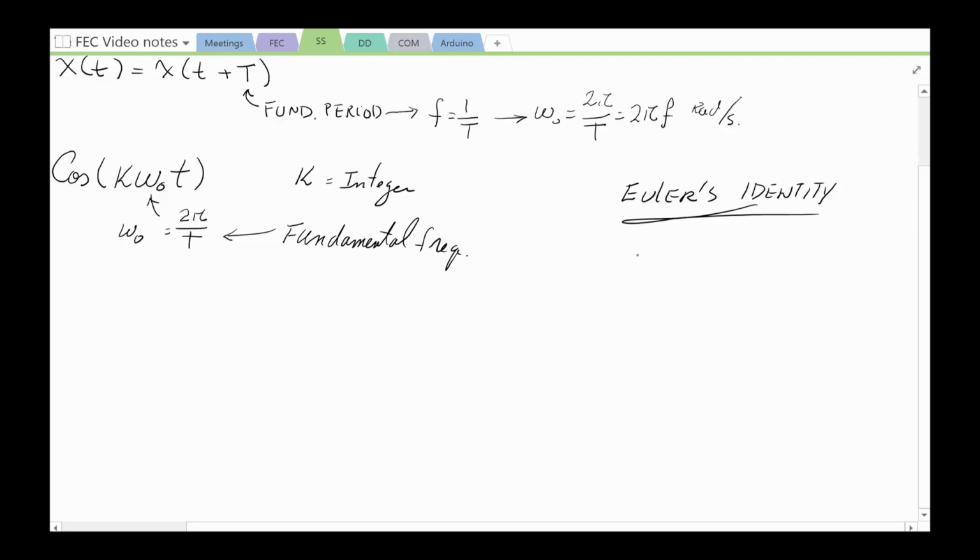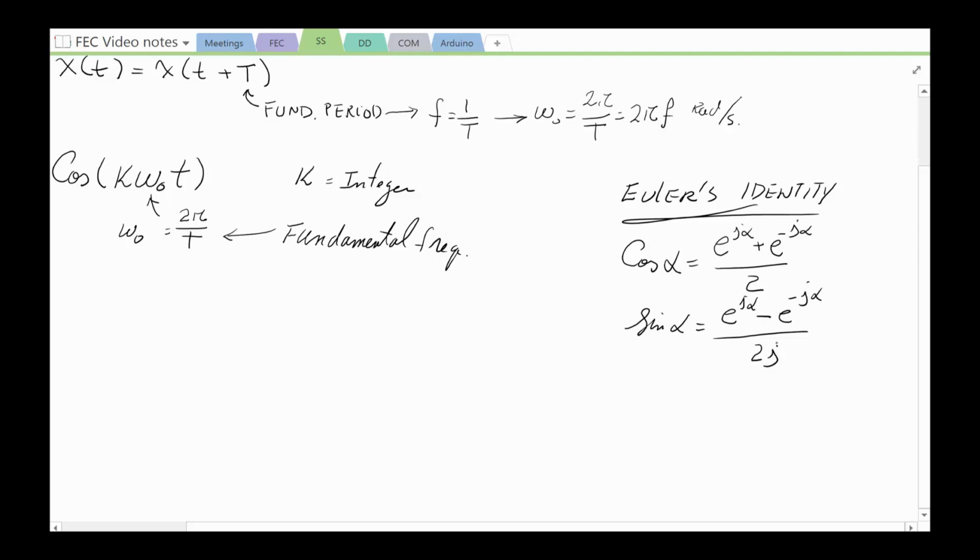The basic Euler's identity says cosine of alpha is equal to e to the j alpha plus e to the minus j alpha, over 2. Sine of alpha is e to the j alpha minus e to the minus j alpha, divided by 2j.